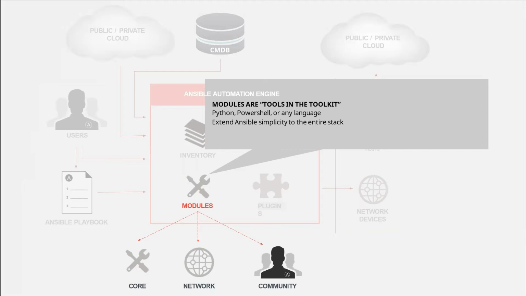Then there's also the Ansible Automation Hub, which is at cloud.redhat.com. The difference between the community-provided content through Ansible Galaxy and the content on the Ansible Automation Hub is Red Hat's ability to support that.